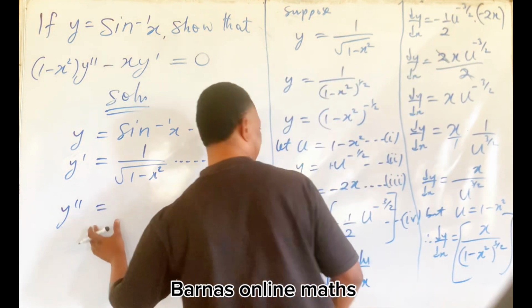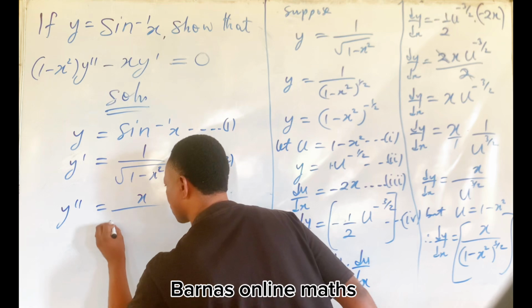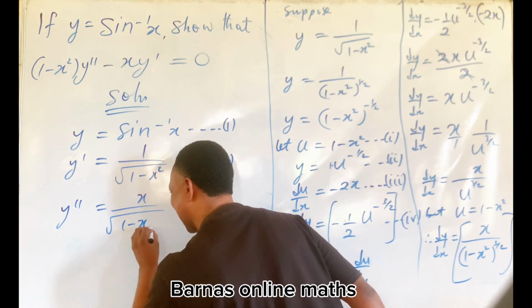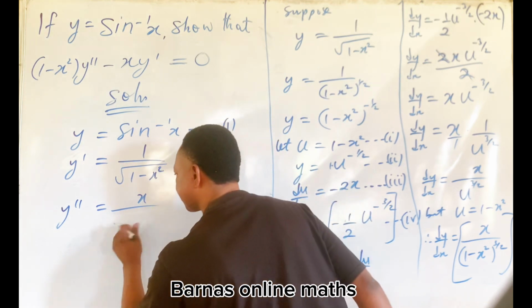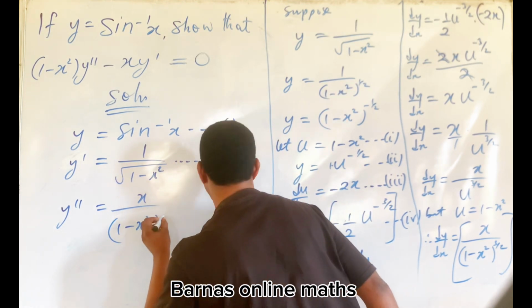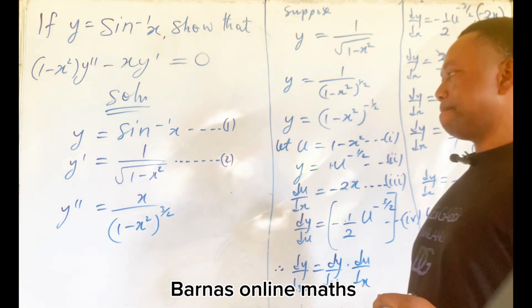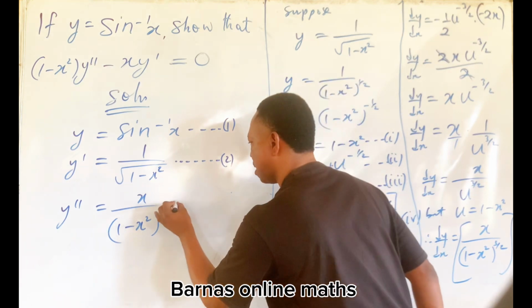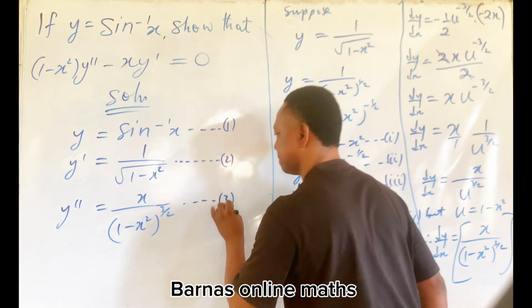Therefore, our y prime double is x all upon 1 minus x squared all raised to power 3 over 2. So this becomes our equation 3.